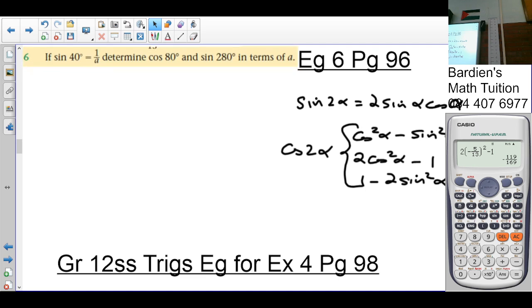If sine of 40 is equal to 1 over a, determine cos of 80 and sine of 280. Cos of 80 and sine of 280.